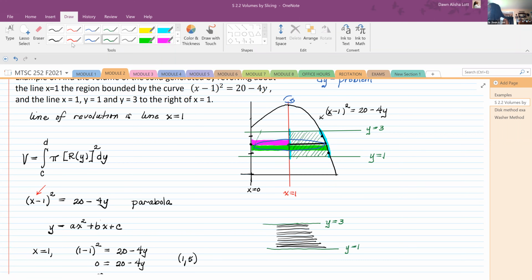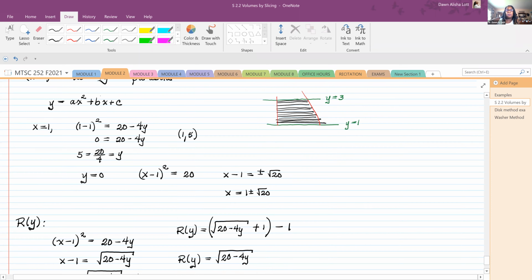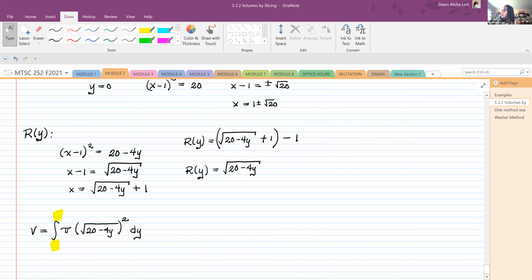And it's stuck between x equals 1 and this curve. So it starts down there at y equals 1, and then it gets stacked up like a deck of cards until it gets all the way to the top. So it goes from 1 to 3.